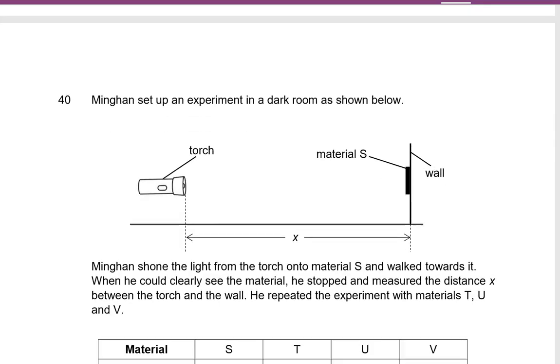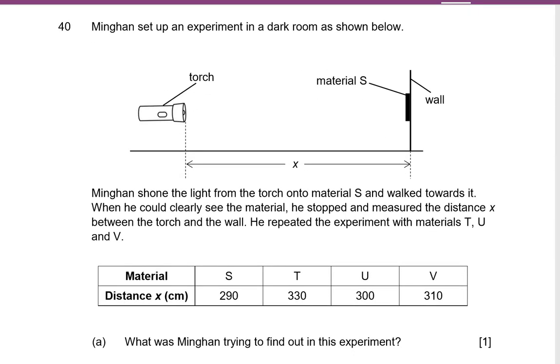Okay, now question 40. So you have got a torch, and then you have got a material X. You're trying to move towards it, and this is like your eye, so of course your eye is holding on to the torch. So this person is going to be walking towards the material. Now, how does one person see things?